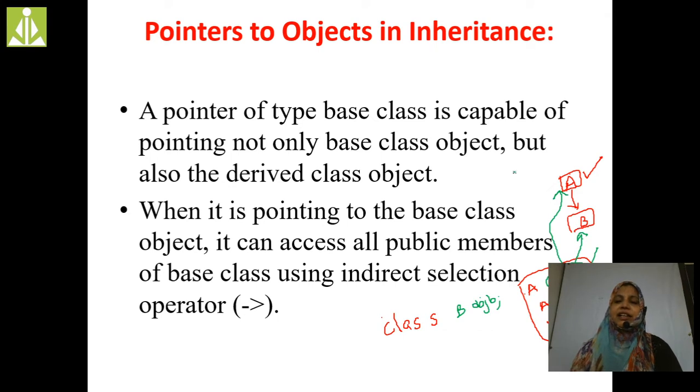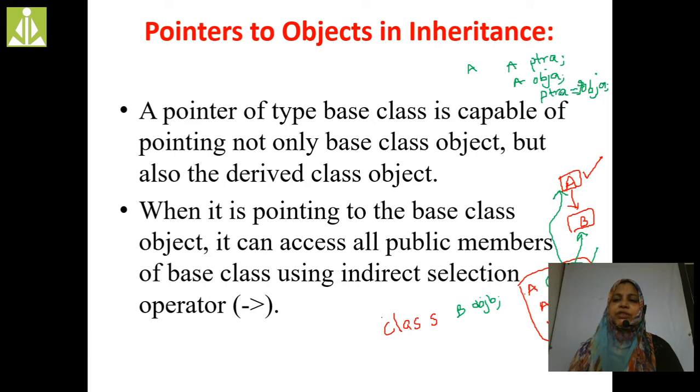In general, if a single class is there and I create the pointer for this class A, this pointer is going to point to the object of that particular class only.